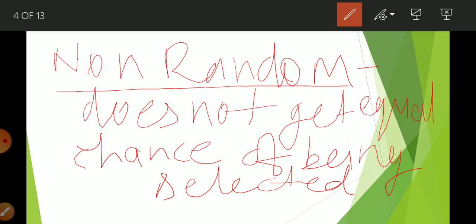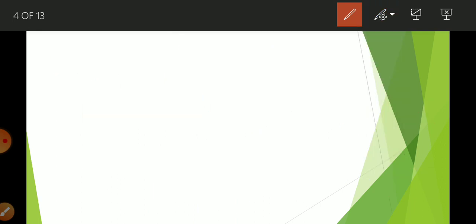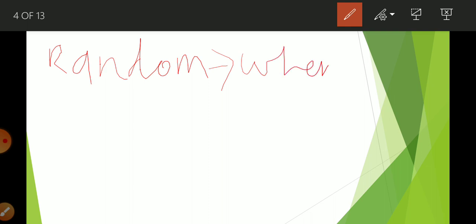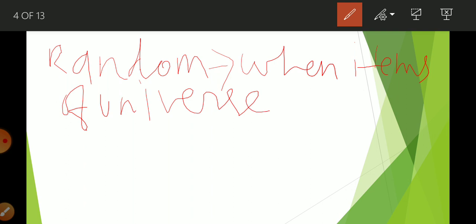Now, when do we use random sampling? Random sampling is used when each and every item of the universe is homogeneous.